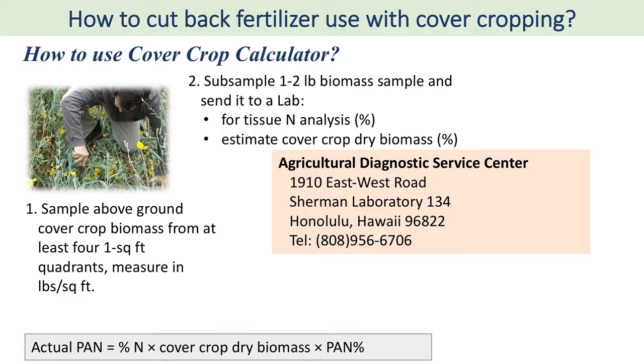Because not all cover crop contain the same amount of nitrogen, and not all nitrogen from the cover crop can be mineralized into plant available form. Plant available nitrogen is nitrate nitrogen. So using this calculator, it will estimate how much plant available form of nitrogen is available from your cover crop.